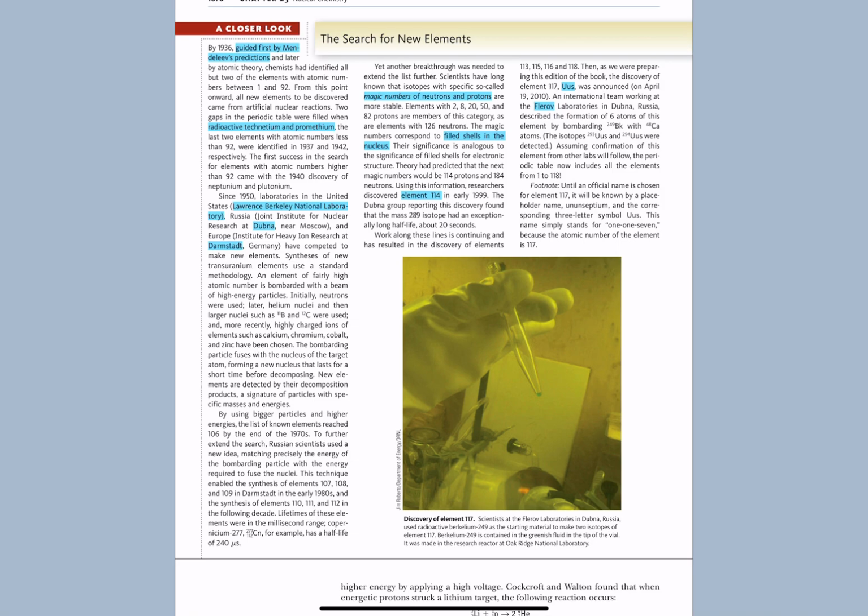And you might recognize that some of the newer elements have been named after these locations. For example, element 105 is called dubnium, named after the particle accelerator near Moscow, and element 110 is named Darmstadtium, named after the particle accelerator in Germany.